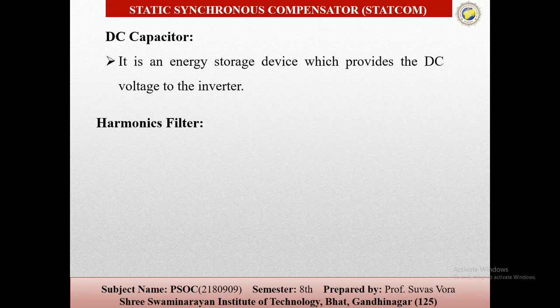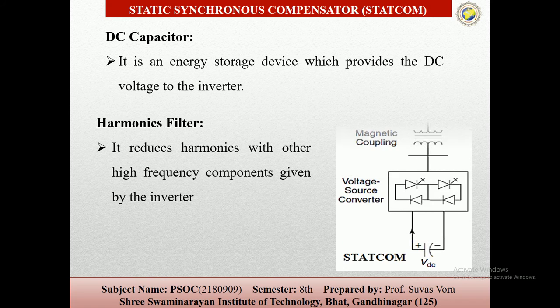The reactive power exchange between the converters and the AC system can take place by controlling the magnitude of the three-phase output voltage of the converters. This one is the AC system, this one is the magnetic coupling system, these are the voltage source converter systems, and the capacitor controls the transformer.